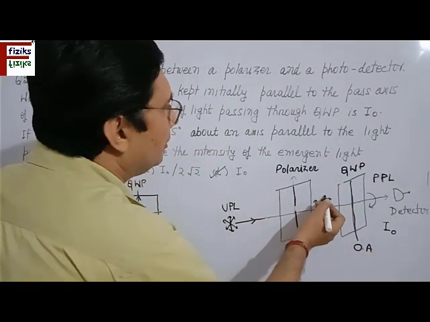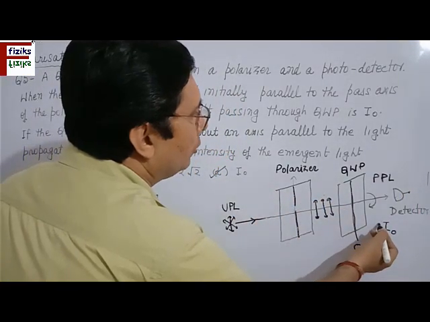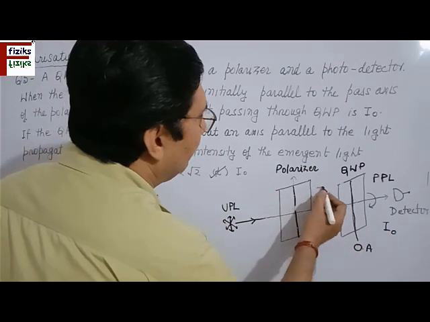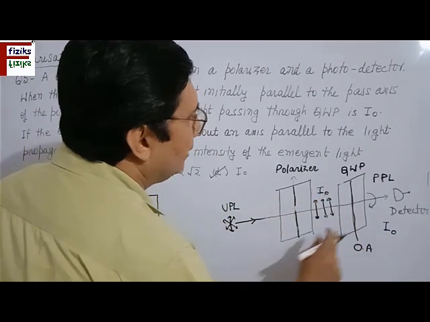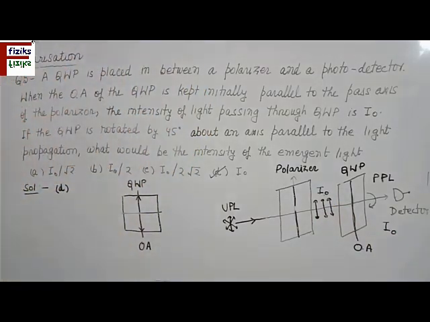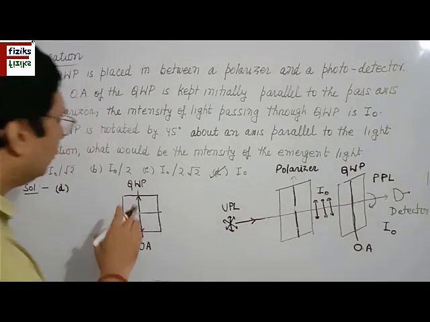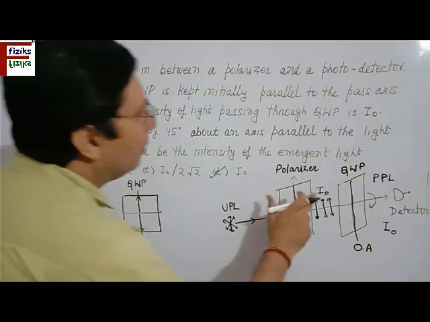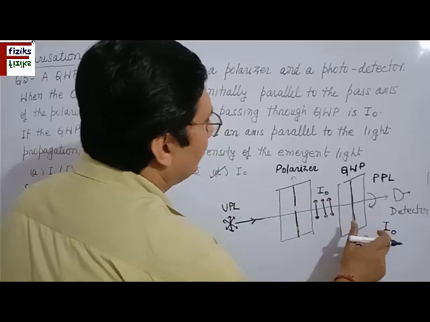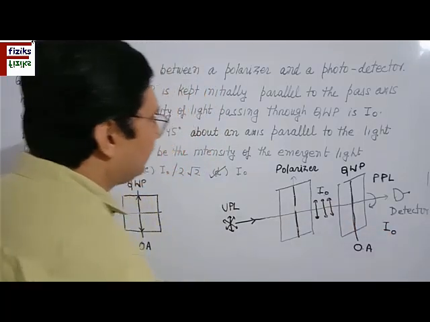If here intensity is I0, here we will have the same intensity, because there is no O ray, so there is no question of phase difference or path difference introduced by this quarter wave plate.